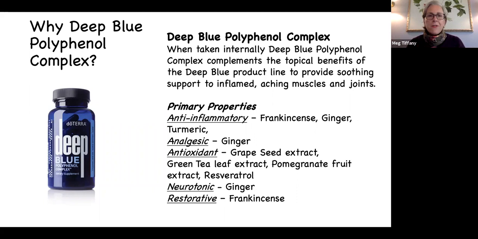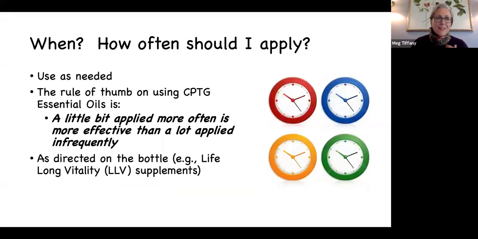We've all heard about these in the news and how great they are for the antioxidants, helping repair or protect against the free radicals that can cause cellular damage. Deep Blue also has the frankincense, which is also supportive in being restorative at the cellular level.